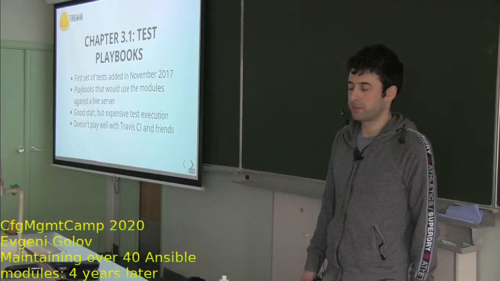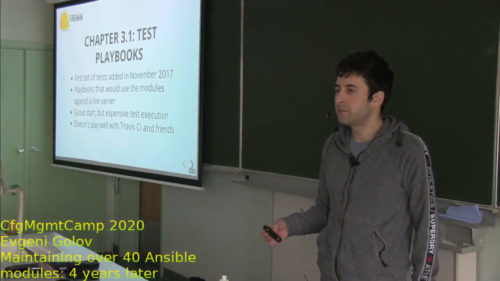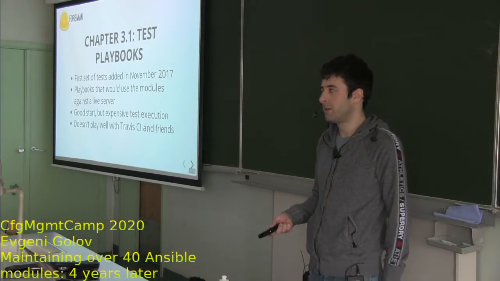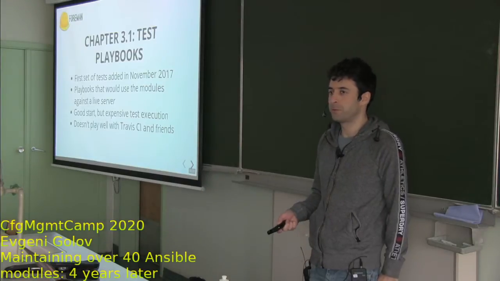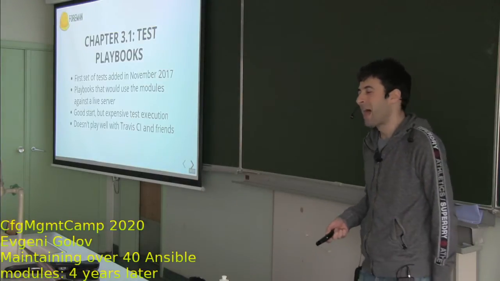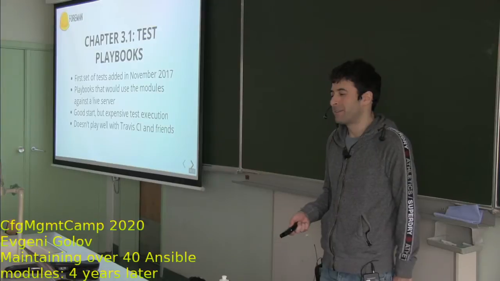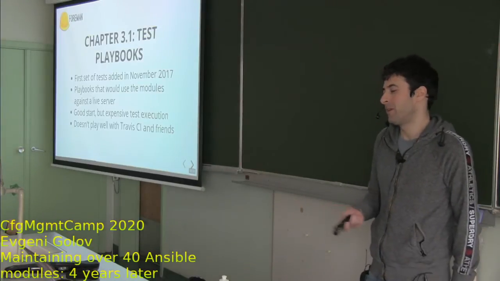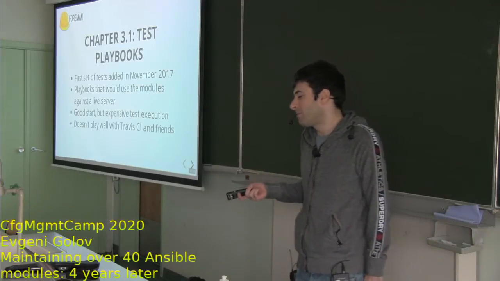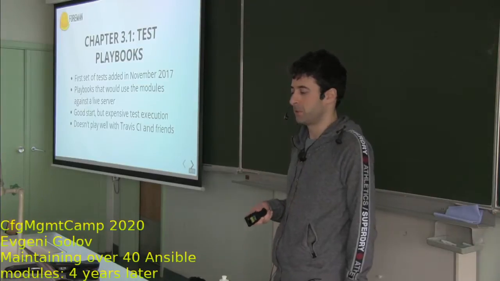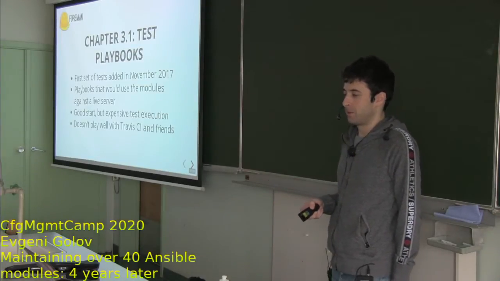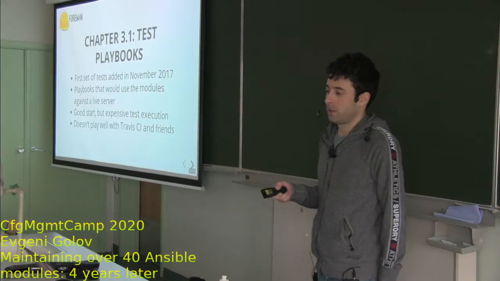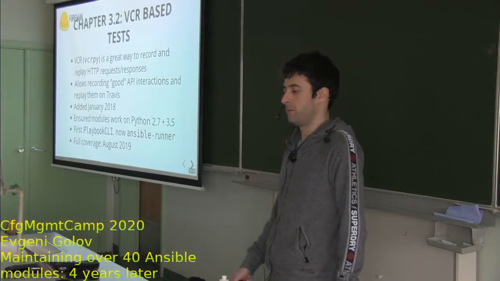I know Ansible itself has an emulator basically for the Foreman API, which you do not want to read the code of. But it's not the real thing, and it will maybe behave differently, so we didn't want to go that route. So what we did is we added VCR-based tests.